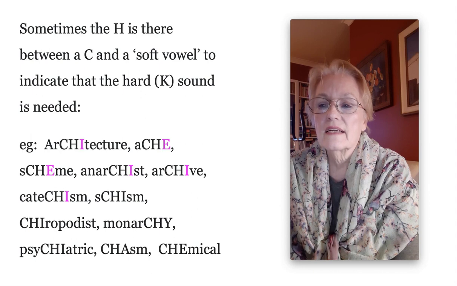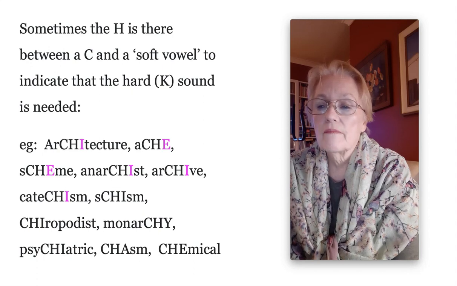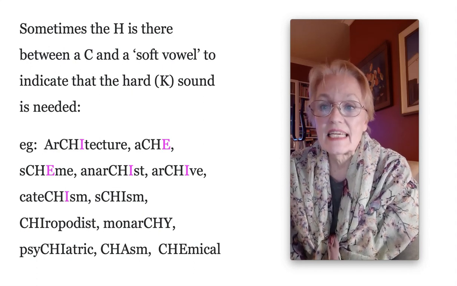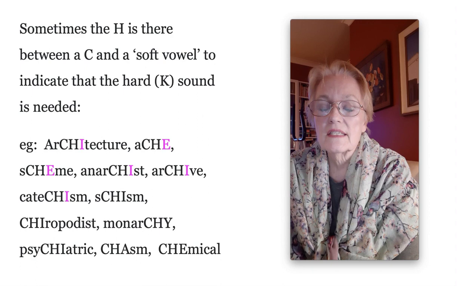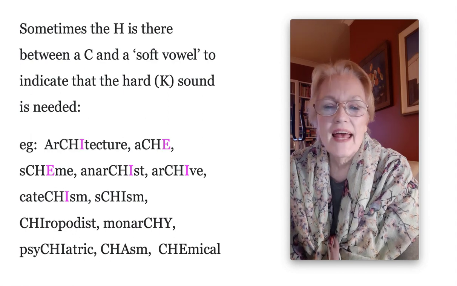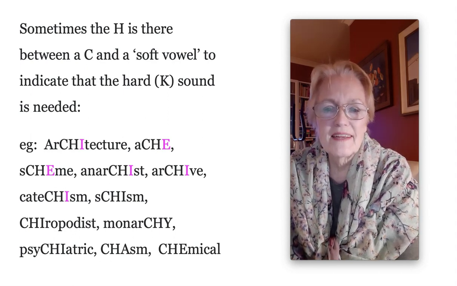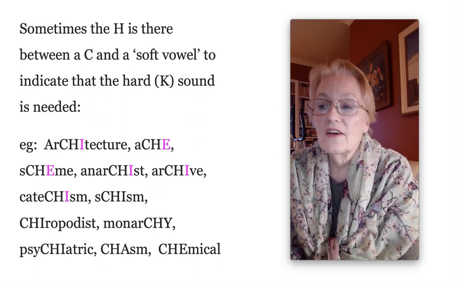Architecture, ache, scheme, anarchist, beg your pardon, archive, catechism, schism, chiropodist, monarchy, psychiatric, chasm, not chasm, chasm, and chemical. All right, so you'll be familiar with some of those words anyway, with the k sound, not the ch. Okay, good.